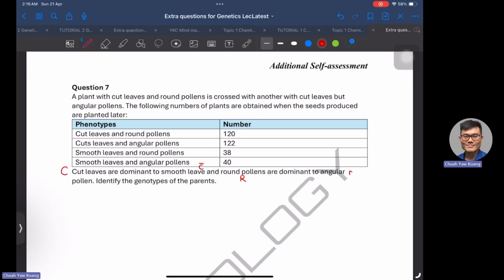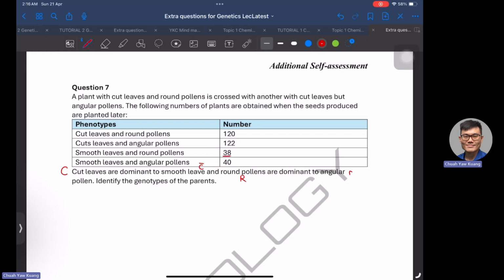First thing first, of course, we have to identify what type of question this is. We have the numbers, so we need to figure out the ratio. To get the ratio, we take each number divided by the smallest number here, which is 38.